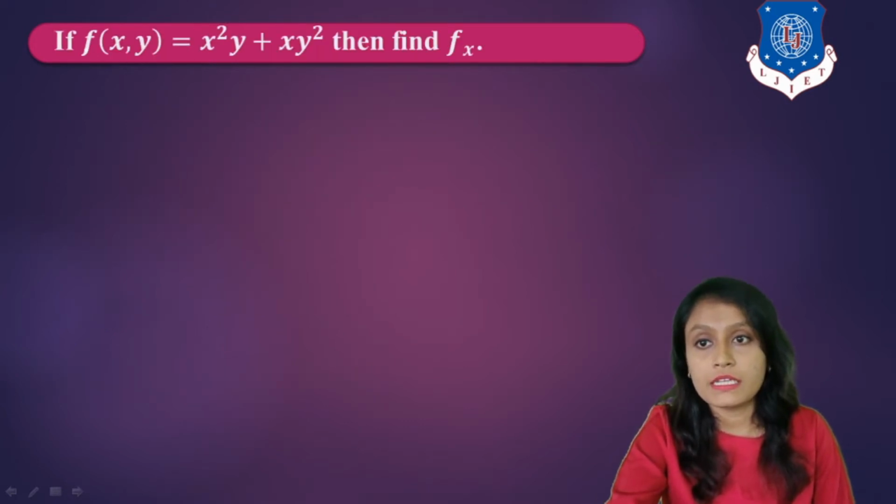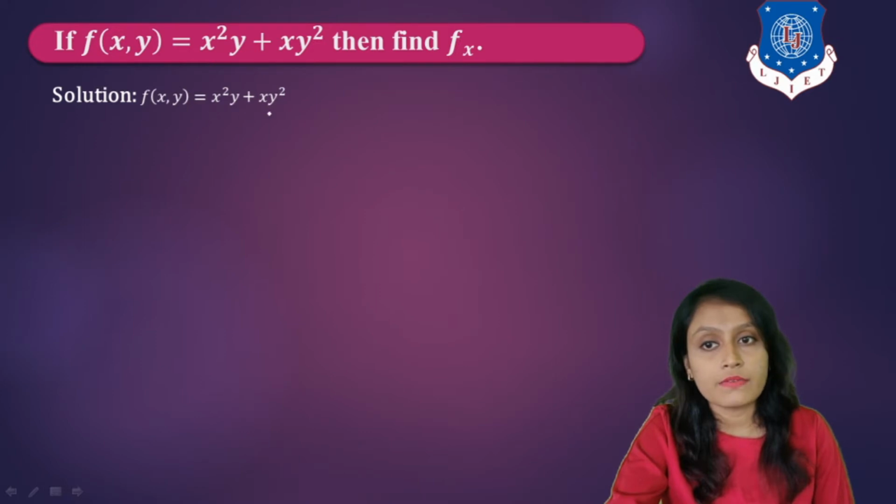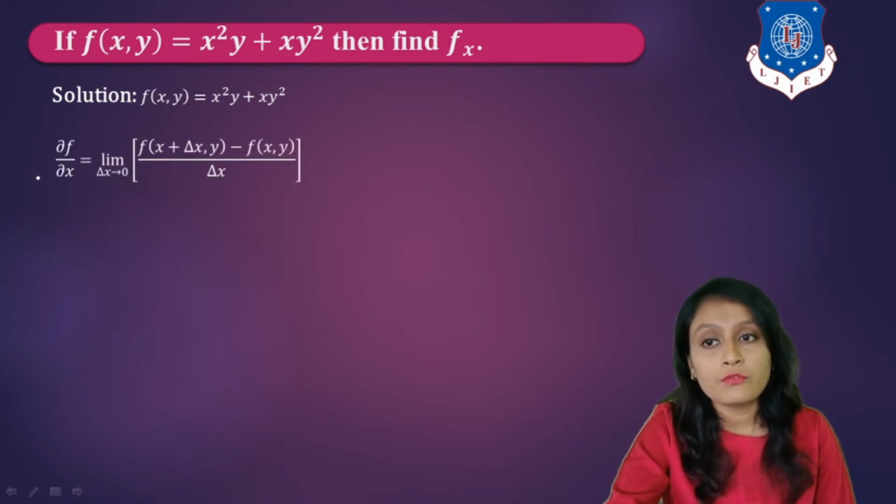First example is, if f of x y is equal to x square y plus x y square, then find f x. Here we will solve this example using the definition. So firstly, f of x y is equal to x square y plus x y square. Now here we have to find del f by del x. So the formula is limit delta x tends to 0 of f of x plus delta x comma y minus f of x y upon delta x.